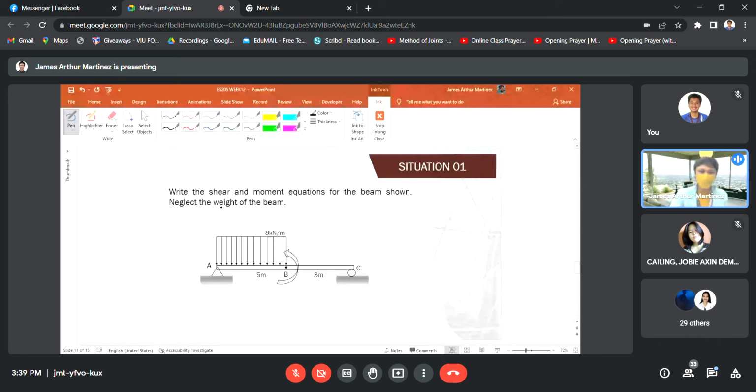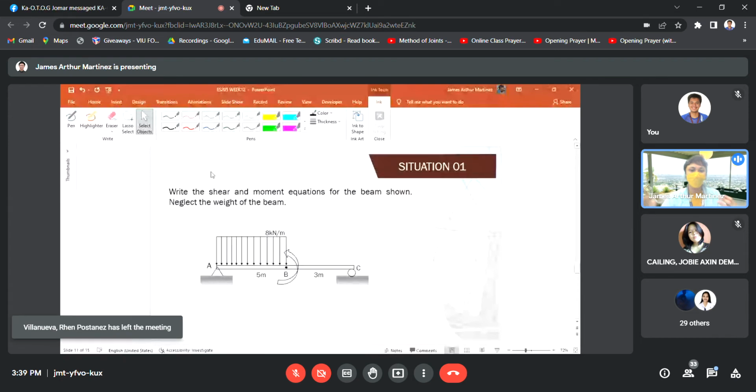Sige. So if you're wondering nganong mga problems here in mechanics of deformable bodies class is mostly neglecting the weight of the material, that is because, class, mechanics of deformable bodies is focused on the external applied loadings, and not yet on the properties sa material.